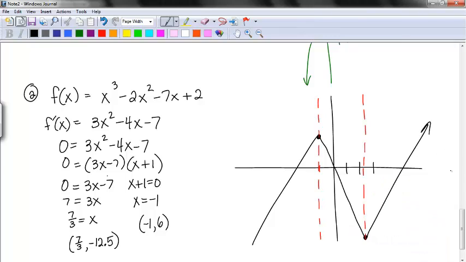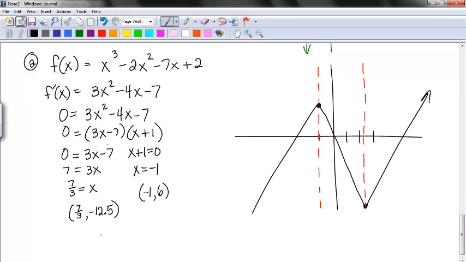Now, where is it increasing, decreasing? Where is it increasing? From negative infinity to negative 1, union that with 7/3 to positive infinity. Where is it decreasing?